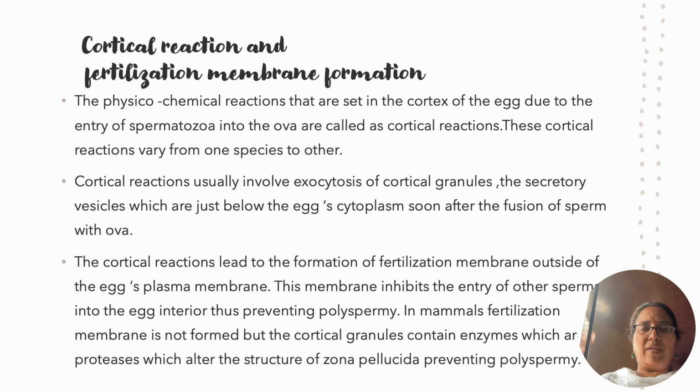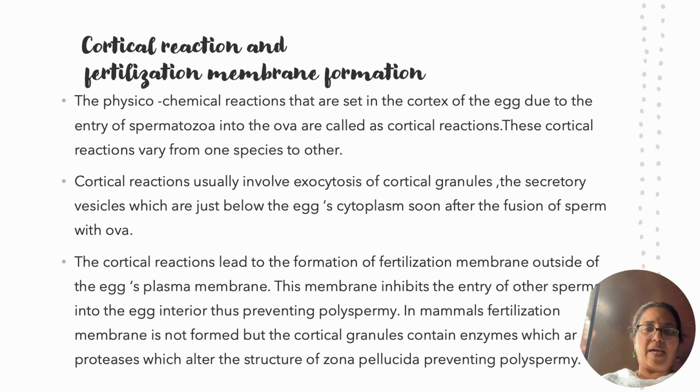The physicochemical reactions that are set in the cortex of the egg due to the entry of spermatozoa into the ova are called cortical reactions. These cortical reactions vary from one species to another. Cortical reactions usually involve exocytosis of cortical granules, the secretory vesicles just below the egg's plasma membrane, soon after the fusion of sperm with the ova.